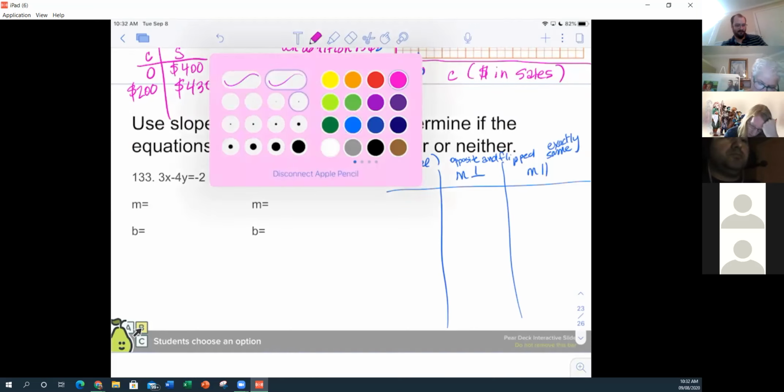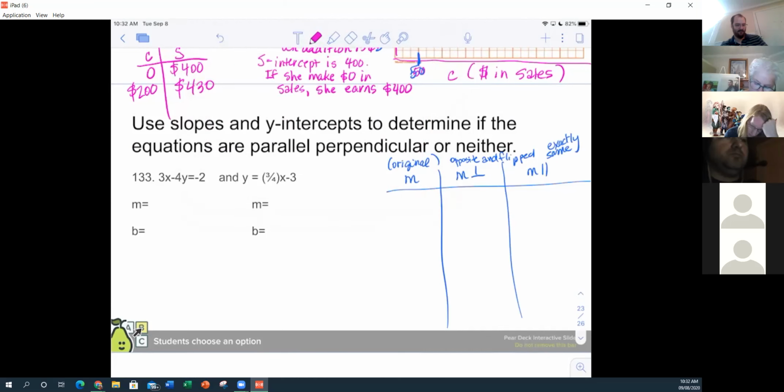Okay, so let's say our original slope was 2/3, then the perpendicular slope would be -3/2, and the parallel would still be 2/3. Let's say the slope of the original line was 5, and that would be the same thing as 5/1, so the perpendicular would be -1/5.